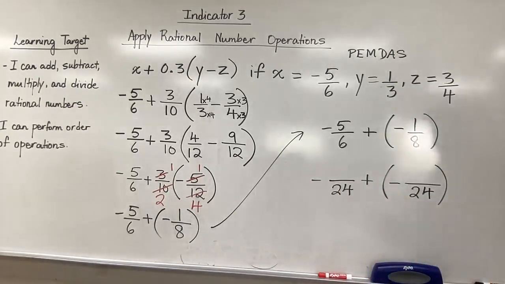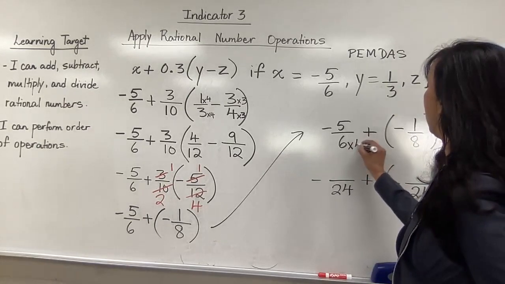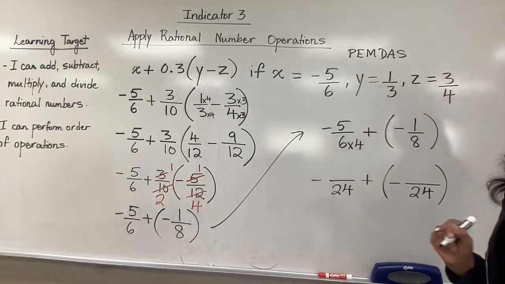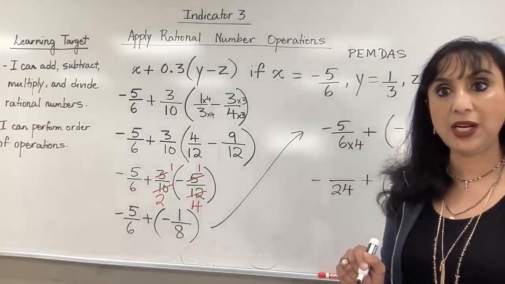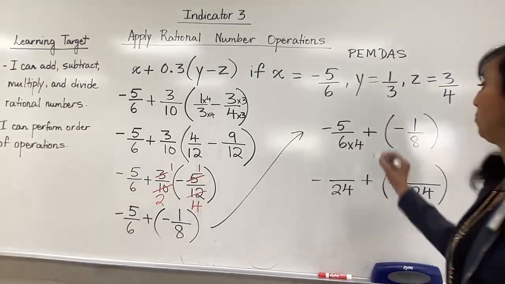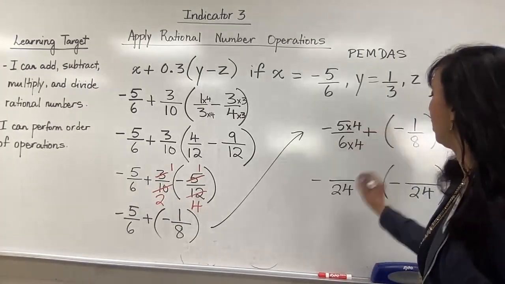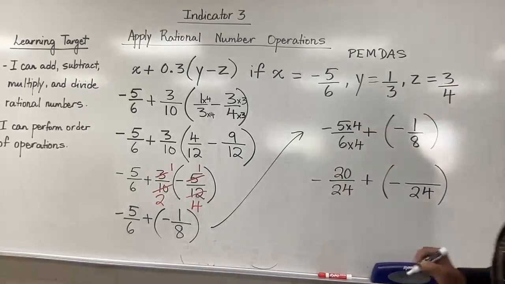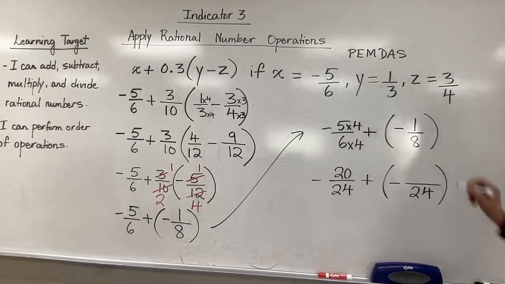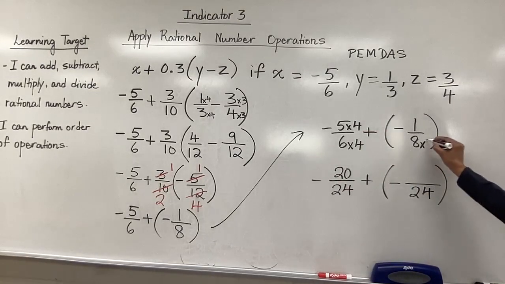Now let's look at this. 6 times what gives me 24? 6 times 4 gives me 24. Whatever I do to the denominator, I do exactly the same thing to the numerator. So 5 times 4, and I get 20. And then 8 times 3 gives me 24.